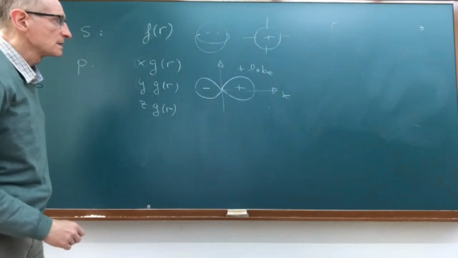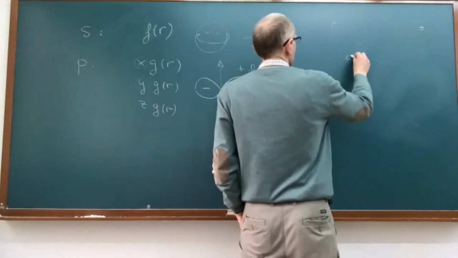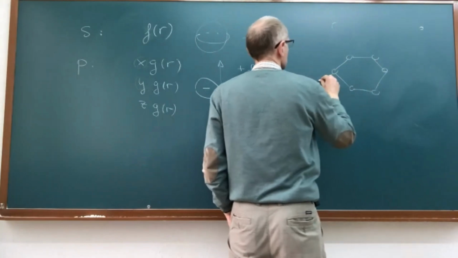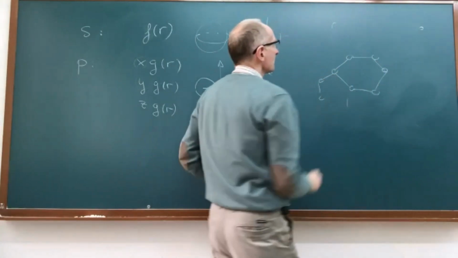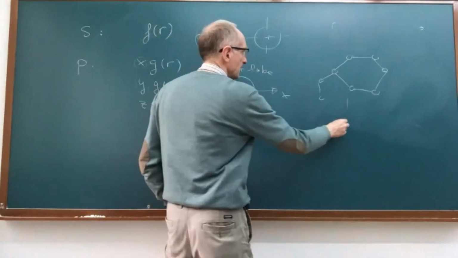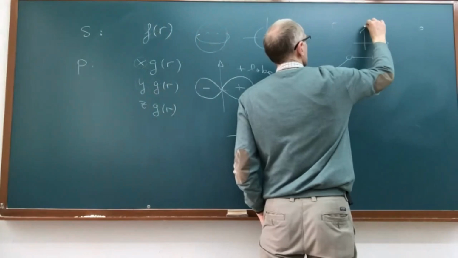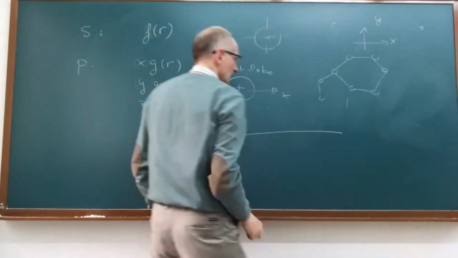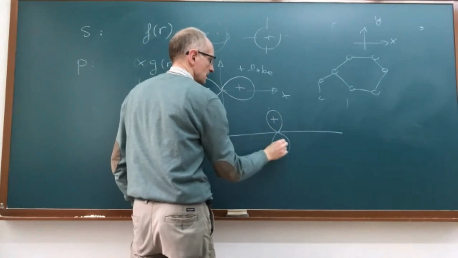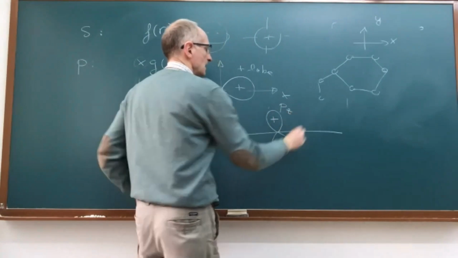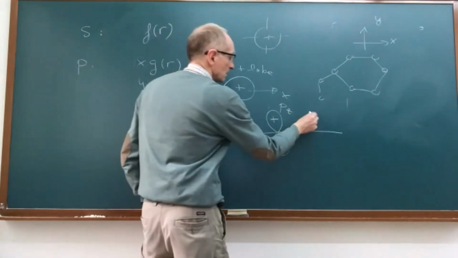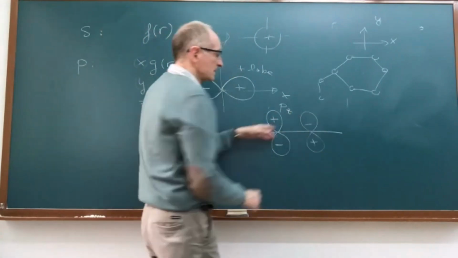Now, what happens if I consider the graphene plane? So my graphene is on this plane. The plane is xy. So if I have a pz orbital and I reflect it on this plane, it goes to this. So it changes sign.